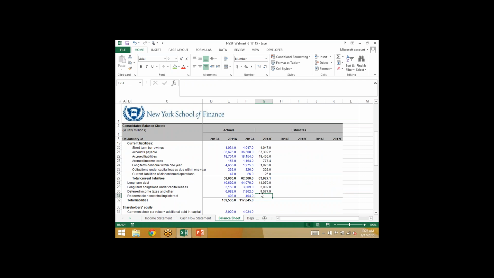Well, it's deferred taxes, the majority of it. What their other is, we can look it up.